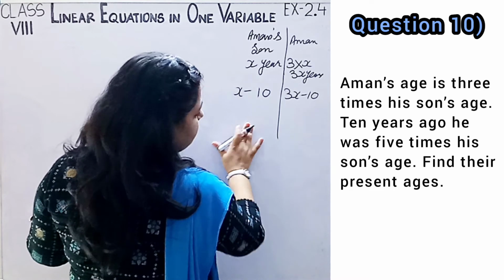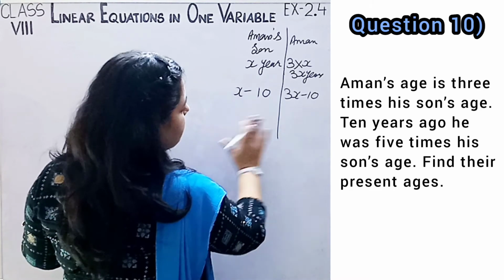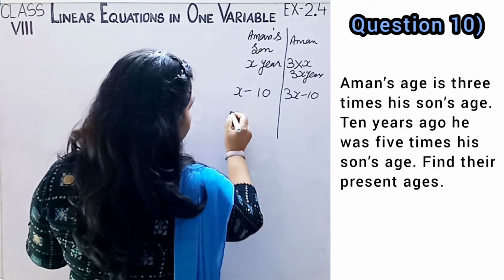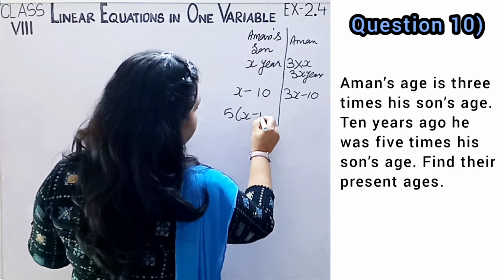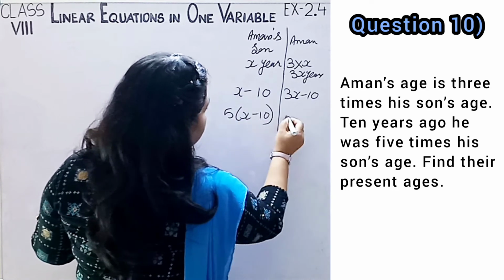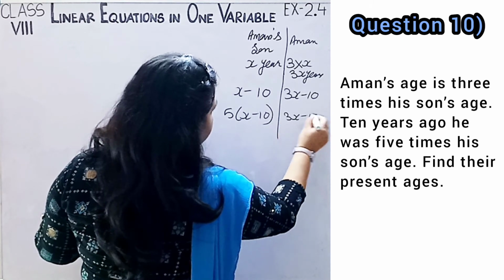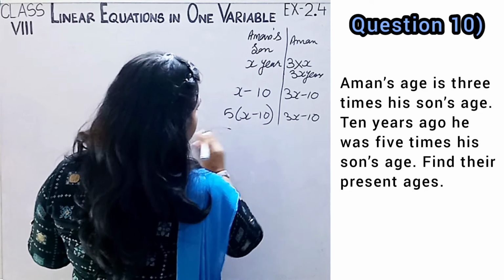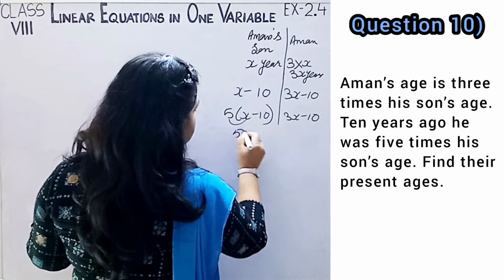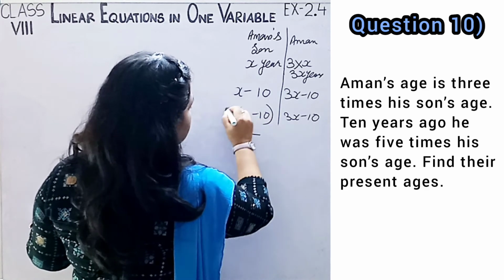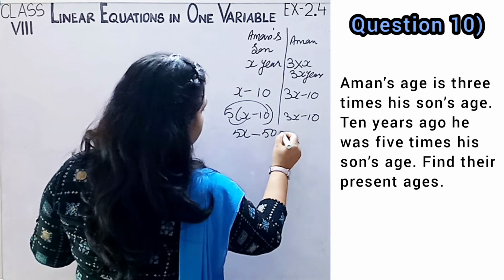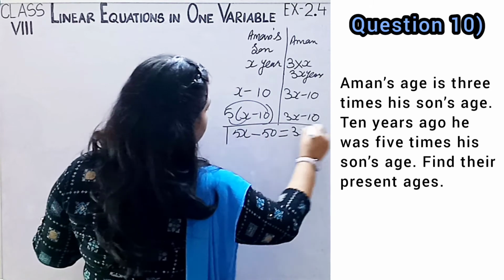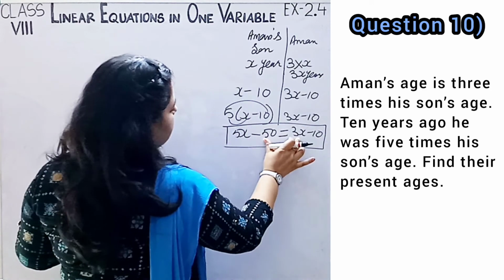He was 5 times his son's age. 5 times means 5 multiply x minus 10 and 3x minus 10. So here equation is 5 into x minus 10, 5x minus 50 is equal to 3x minus 10. So we have to solve this equation.